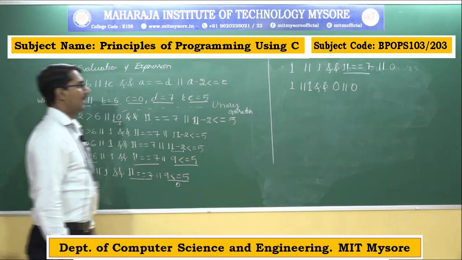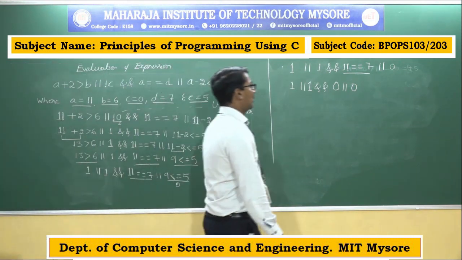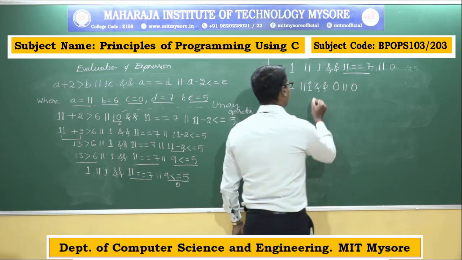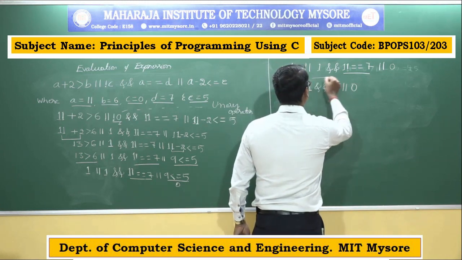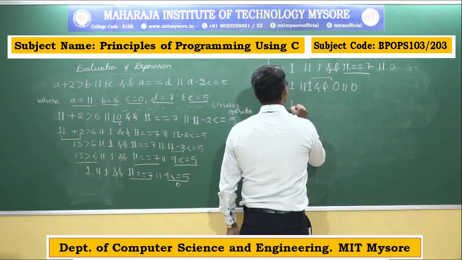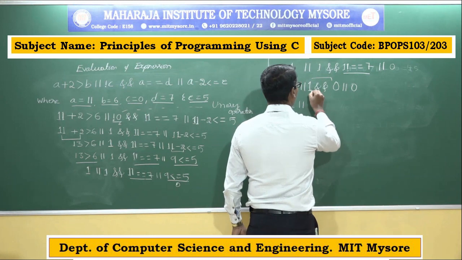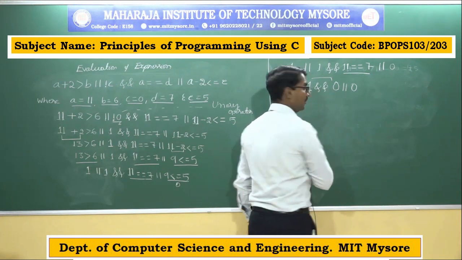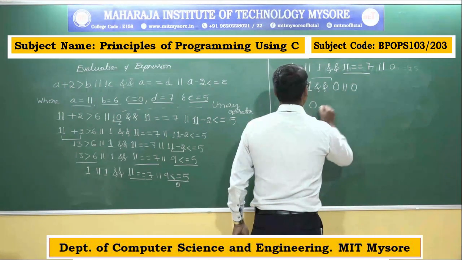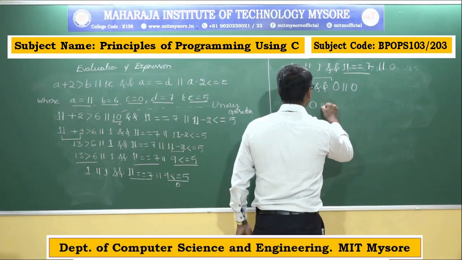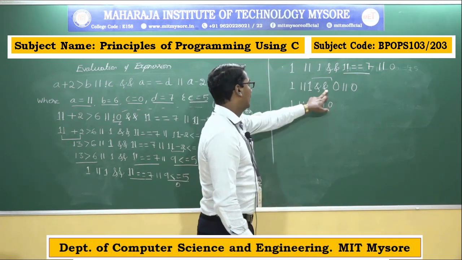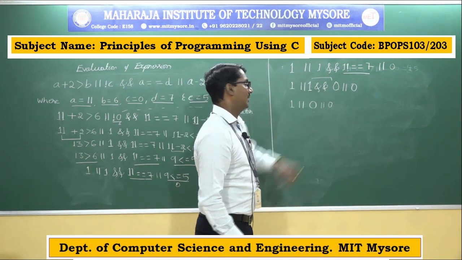Both are logical expressions. In logical operators, the first preference is for the logical AND operator. So in the logical AND operation 1 and 0 gives 0, then or 0, 1 and 0 is 0.